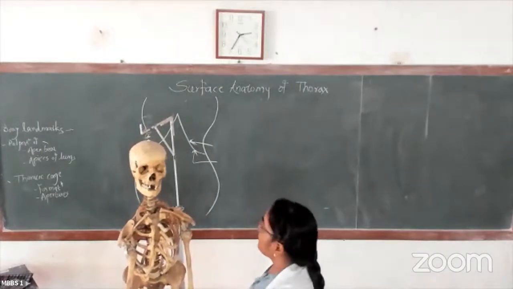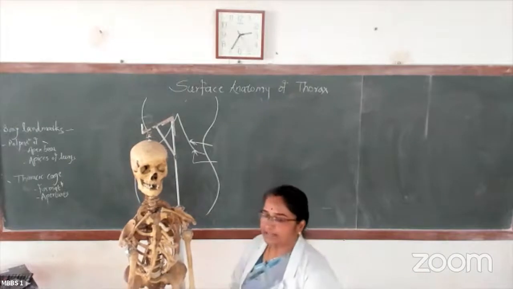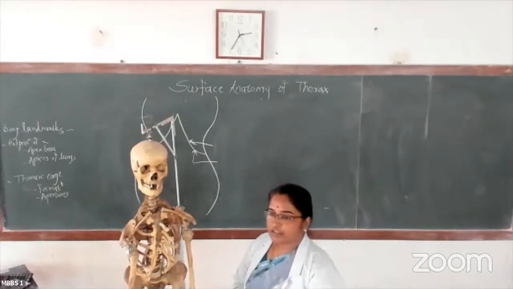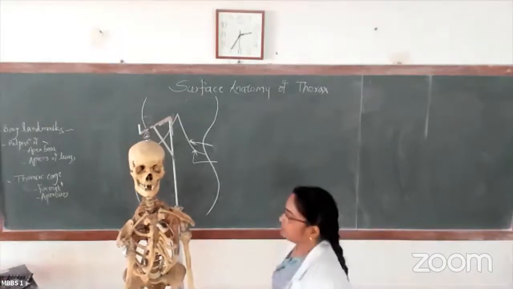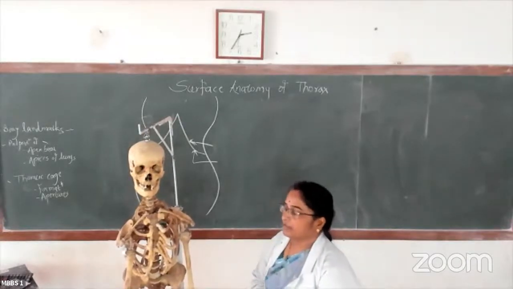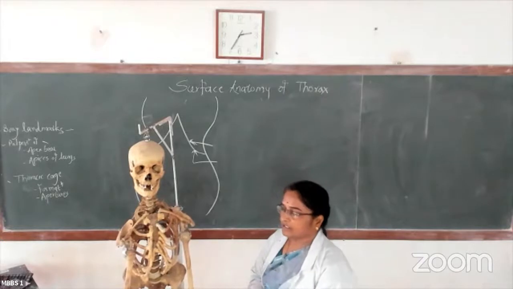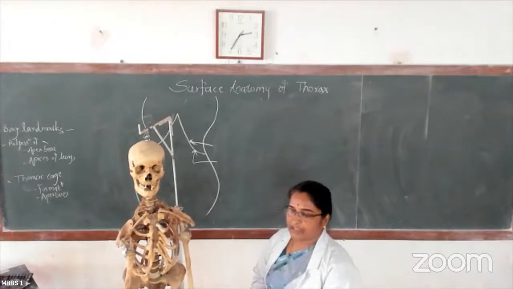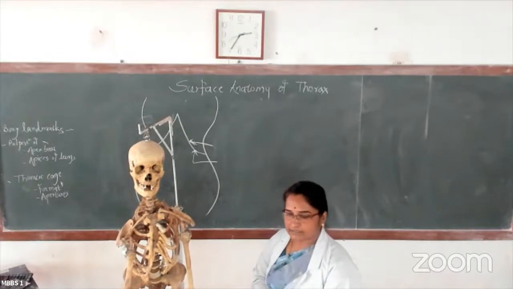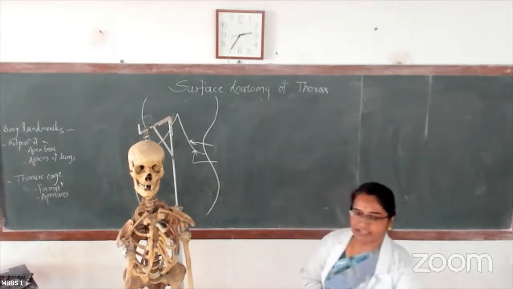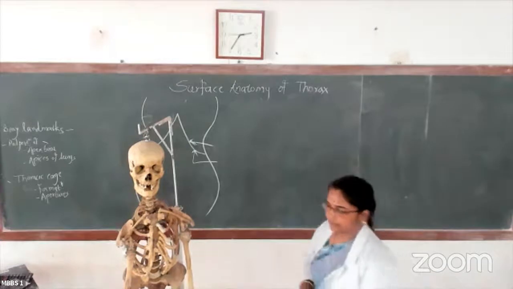So you can feel the apex beat in the left fifth intercostal space. Again, the nipple: you have to see the position of the nipple. In males it is fixed, in the fourth intercostal space. In females, it varies with age.